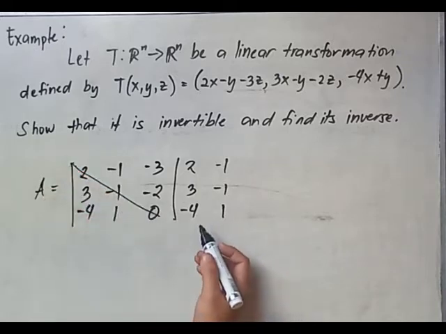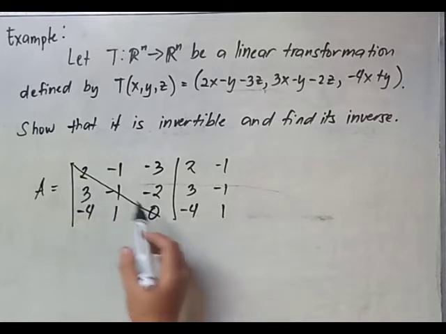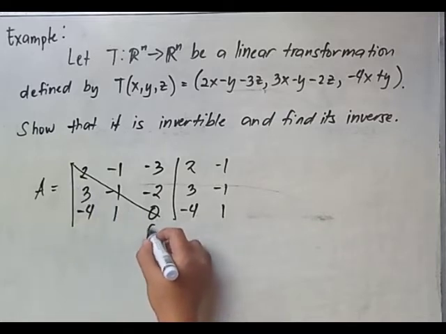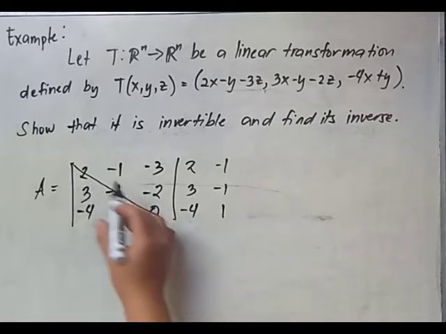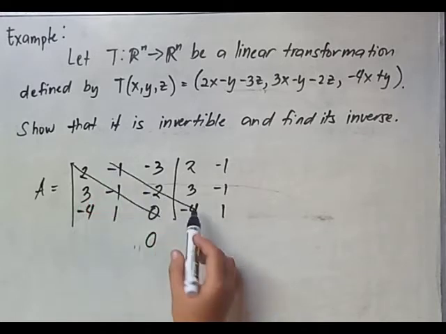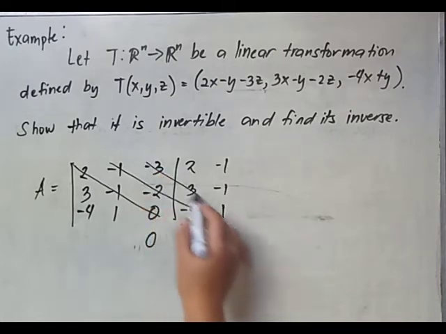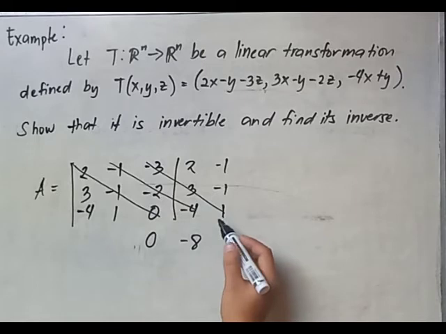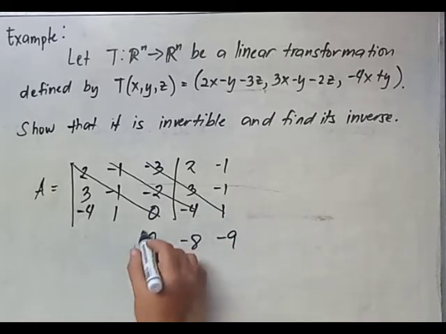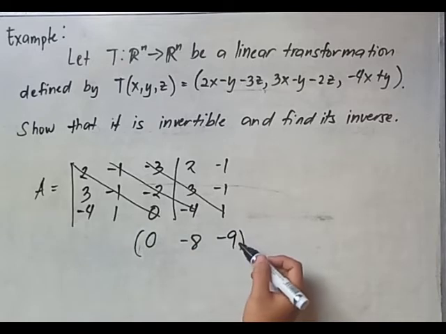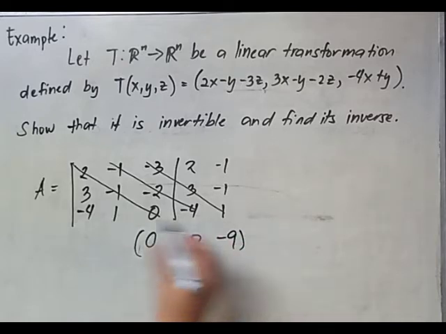Let's first take this diagonal. That is 2 times negative 1 times 0, which is 0. Then negative 1 times negative 2 times negative 4, that is negative 8. And then we have negative 3 times 3 times 1, so that is negative 9. Then we take the opposite diagonals.